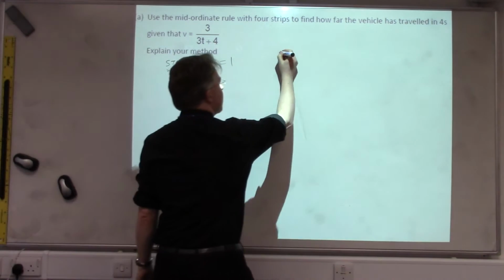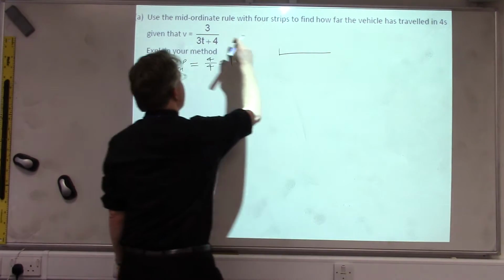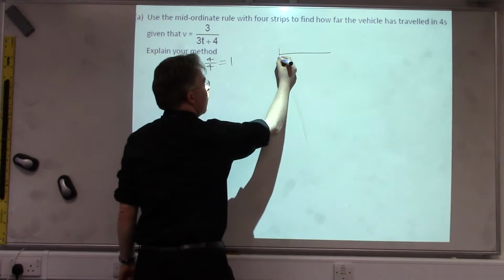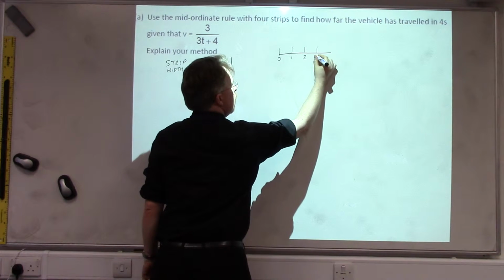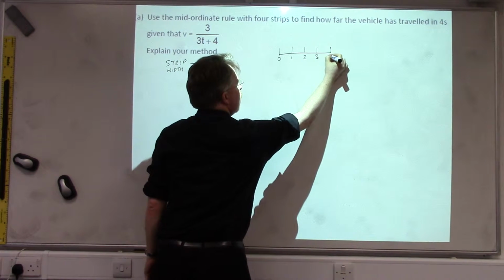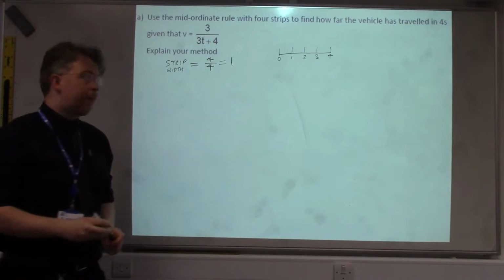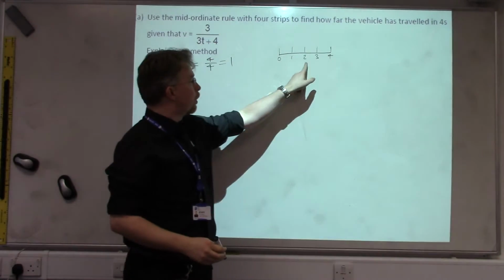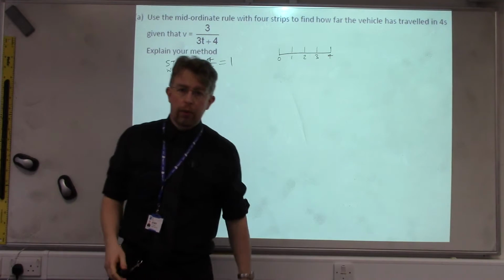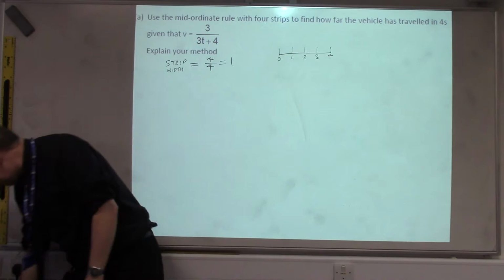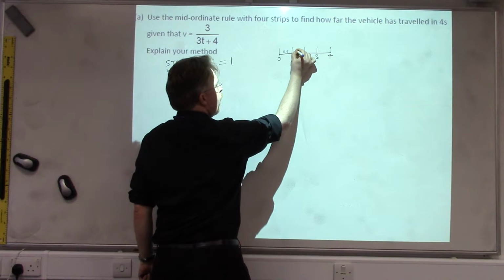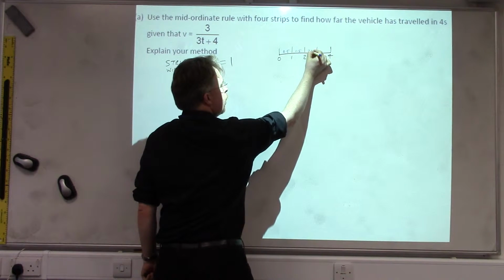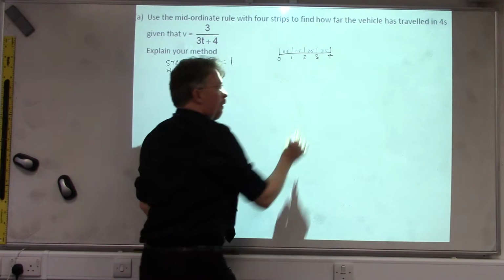If we're looking at our strips from the bottom side, we're starting at 0 and going up in ones, so the edges are 0, 1, 2, 3 and 4. For the mid-ordinate rule, we need midpoints. So midpoints here are 0.5, 1.5, 2.5 and 3.5.